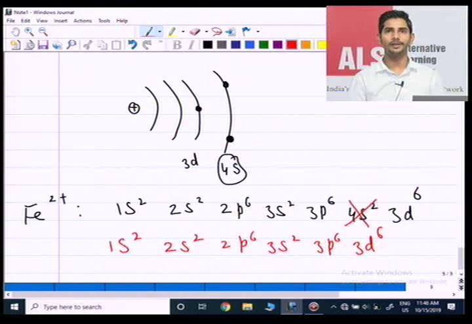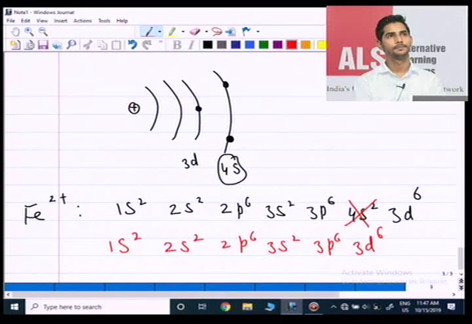Are you getting the concept? Any confusion regarding this one? Now you can change it for cobalt as well. Guys, is there any confusion regarding this one?